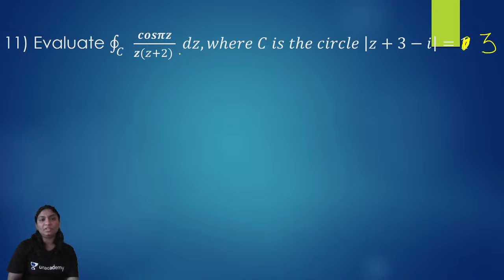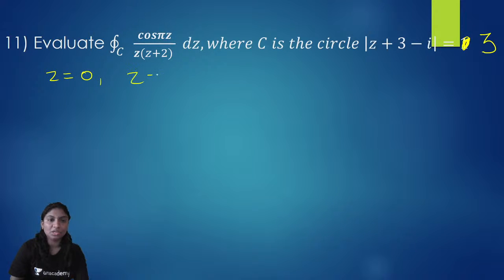I check whether the given point lies inside the curve C or not. There are two poles, no? z is equal to 0 and z is equal to minus 2. So for z is equal to 0, we can check whether it lies inside the curve C or not.